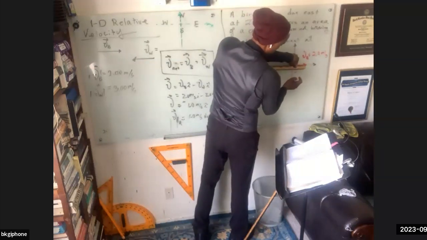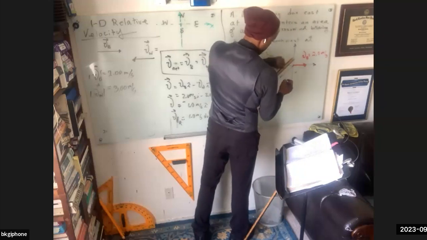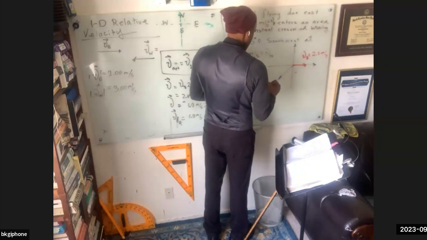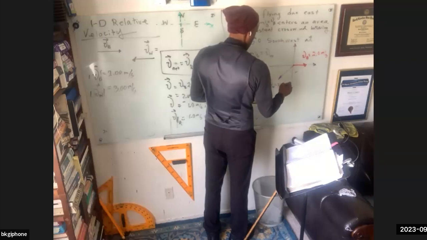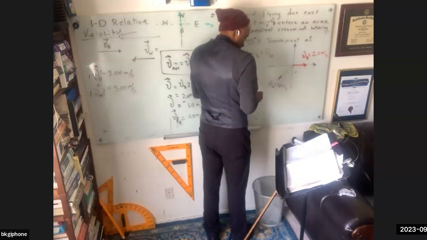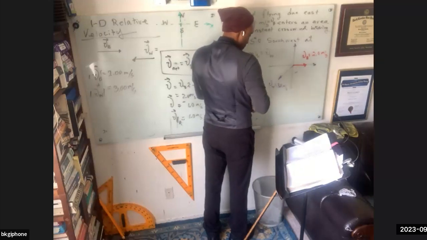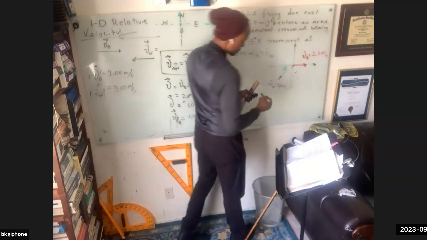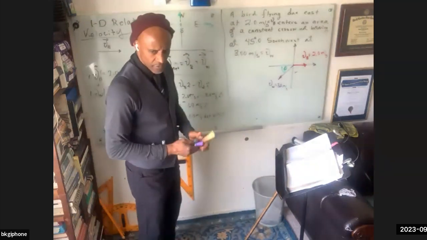So maybe something like that. Okay. VW equals 3.0 meters per second. And I do have an angle, it's 45 degrees. Now, sine and cosine of 45 degrees is the same. It's square root of 2 over 2, which is like 0.707 something.